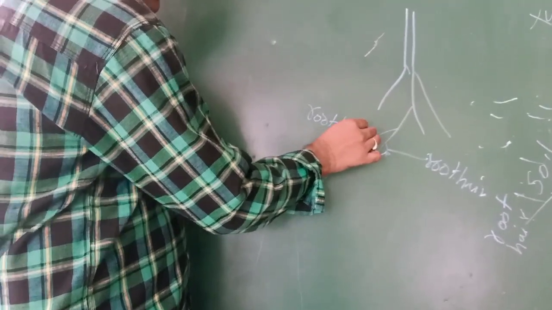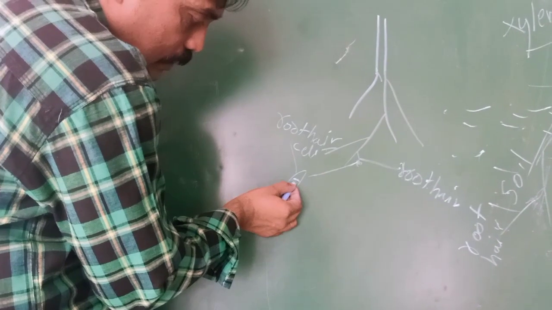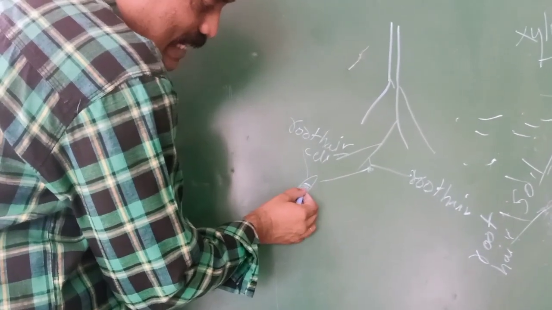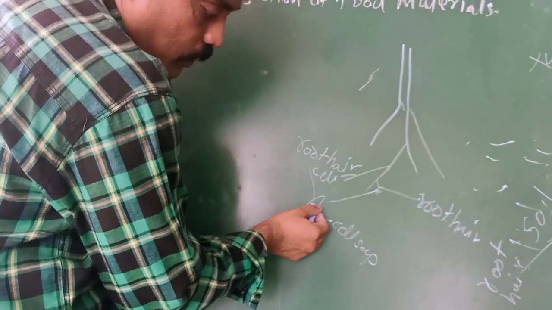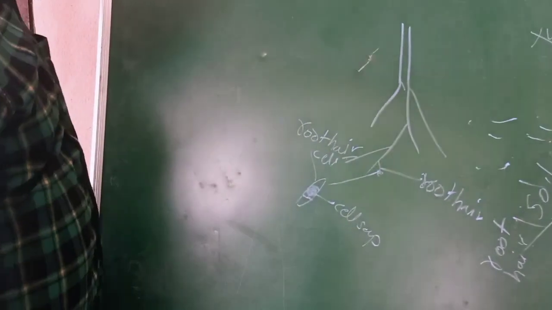In the cells of the root, there is cell sap, which is the liquid portion inside the cell.